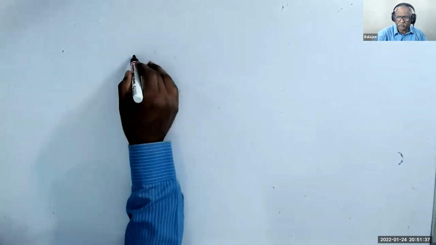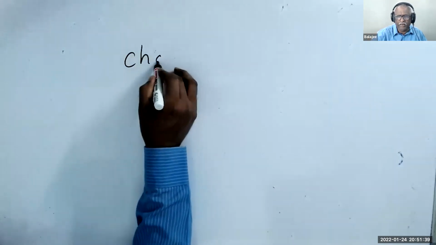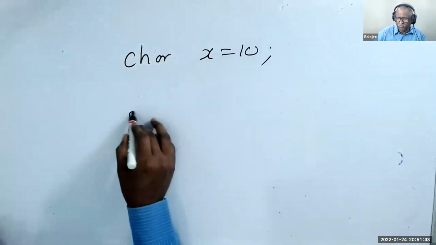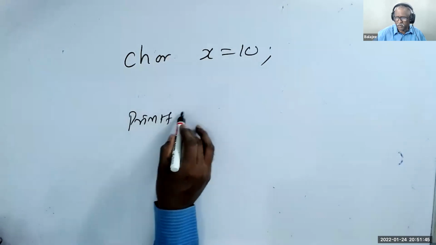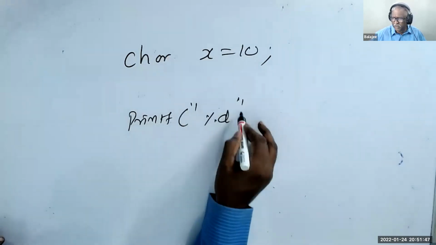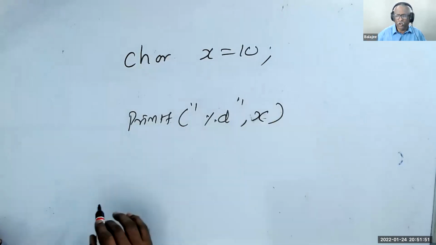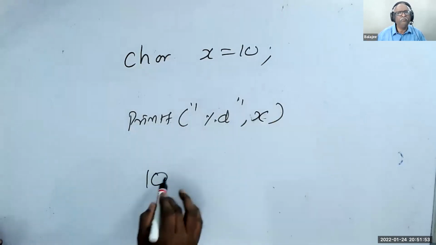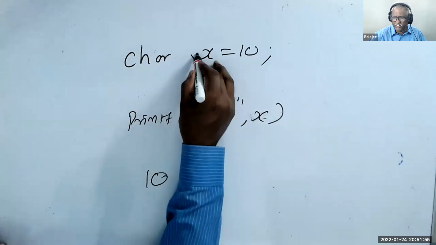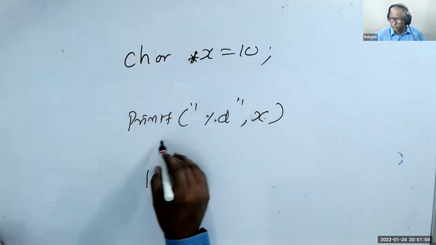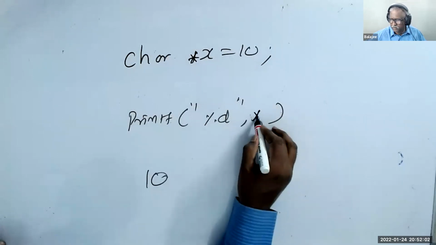If I say char x is equal to 10, printf percentage d comma x, you will get 10. If you put here char percentage x is equal to 10 and printf star x, x is a variable.